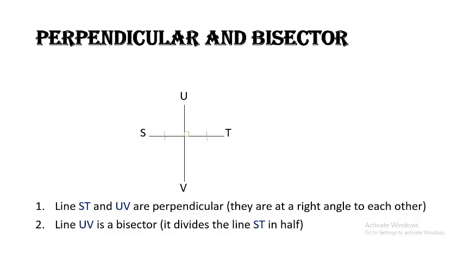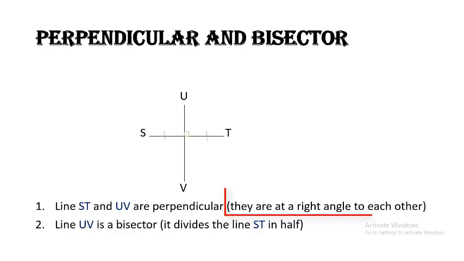As we can look, we have a diagram here. We have two lines, the line ST, which is the horizontal line, and the line UV, which is a vertical line. So lines ST and UV are perpendicular. Why?